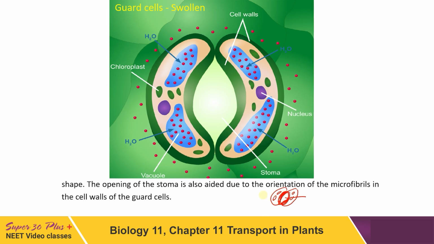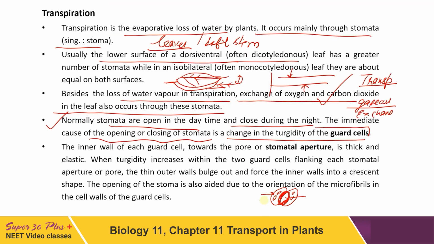You see, when water enters these guard cells, which usually happens in the day, what will happen? They will swell and become more turgid, and because of this the thicker walls will move apart and the stomata will open. So when the guard cells become turgid, the stomata will open.